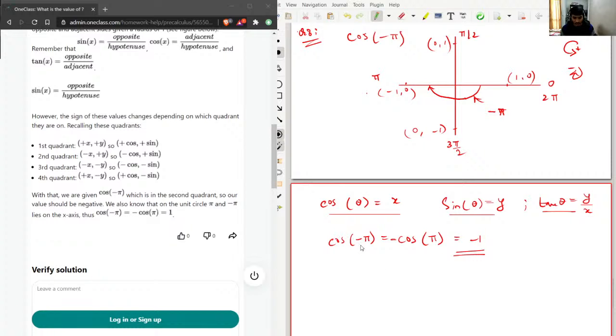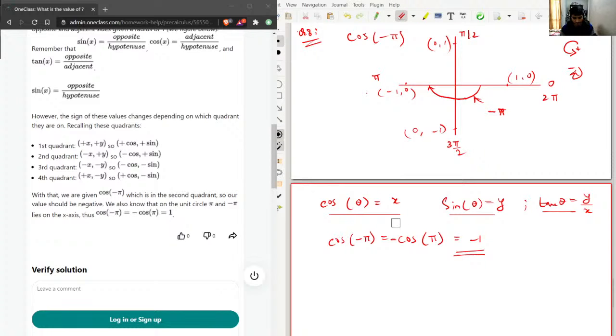In the case of cosine, the sine can be taken outside... just a minute. No, that is not true. I just verified that and it is not true.